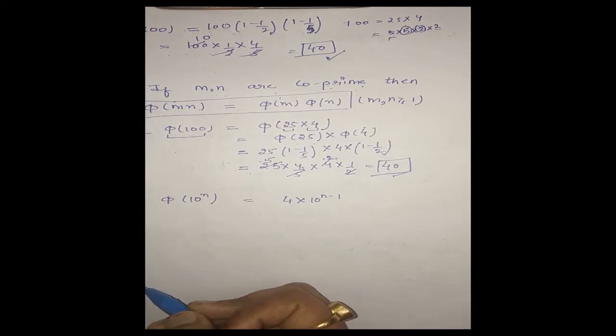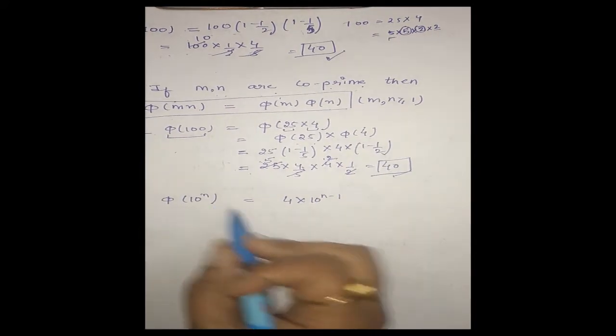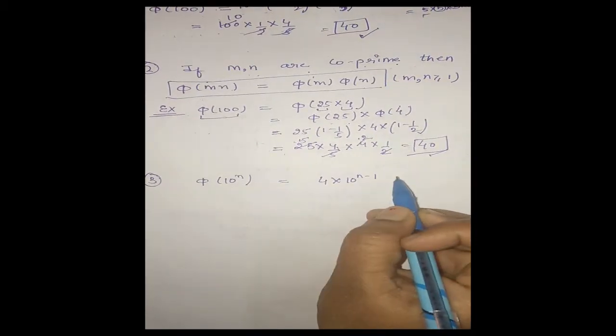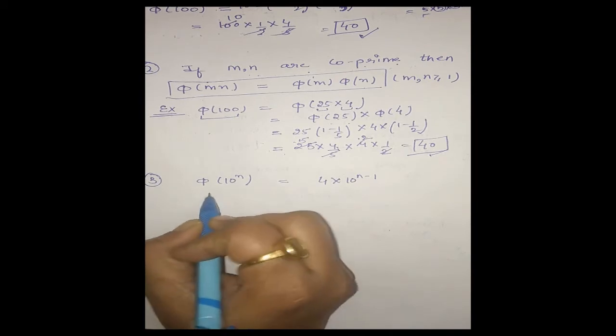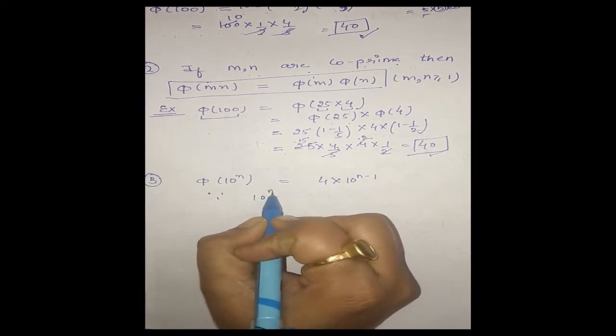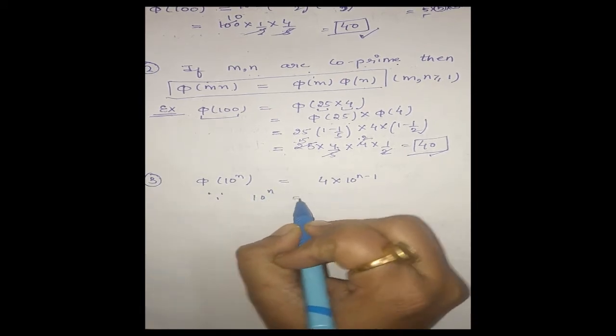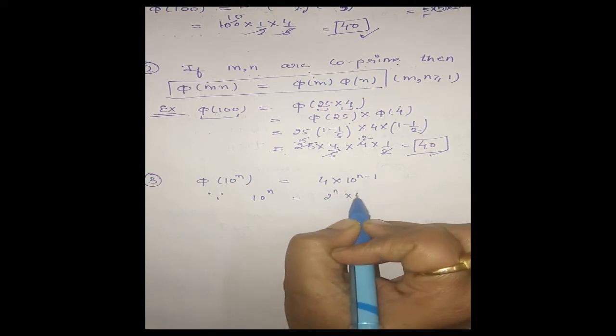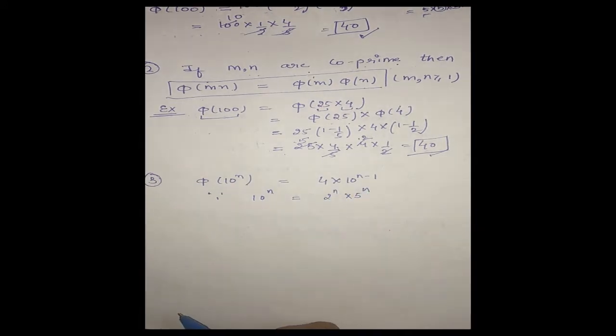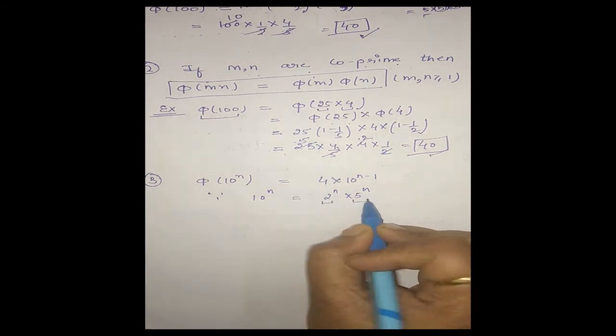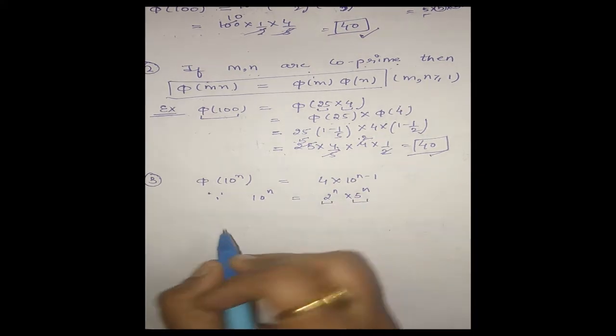Next result is phi of 10 power n is equal to 4 into 10 power n minus 1. Since 10 power n can be written as 2 power n into 5 power n, okay, we can write in this form also, and 2 and 5 are distinct prime factors of 10 power n.